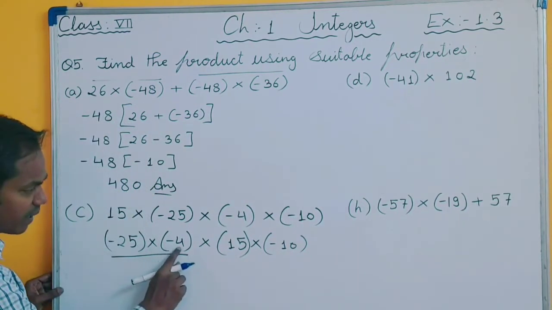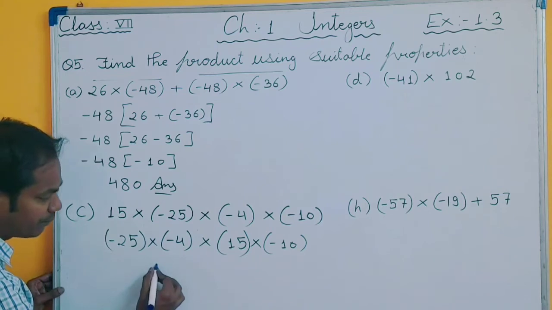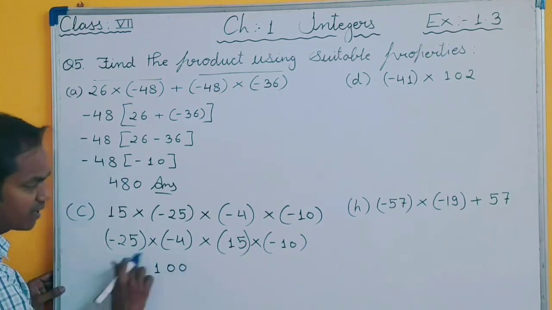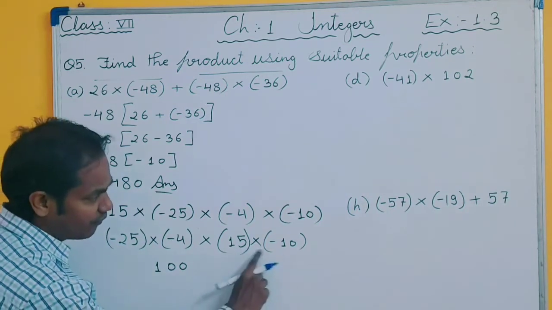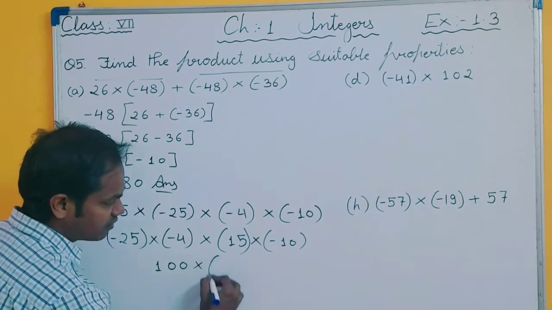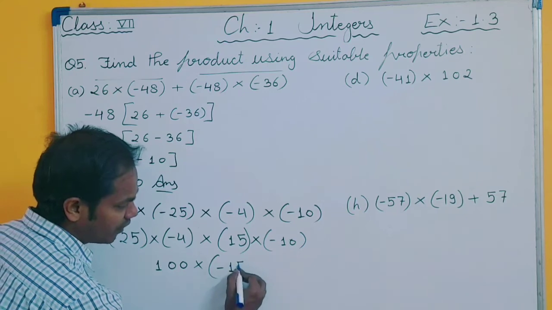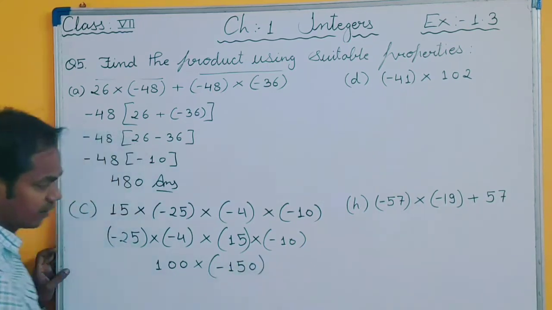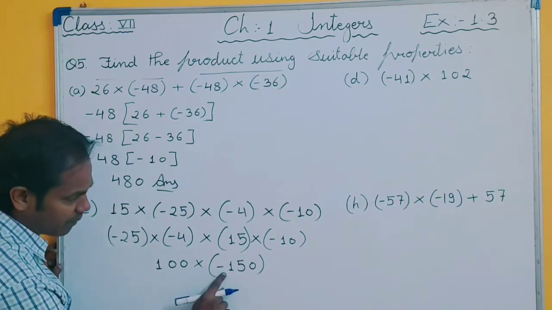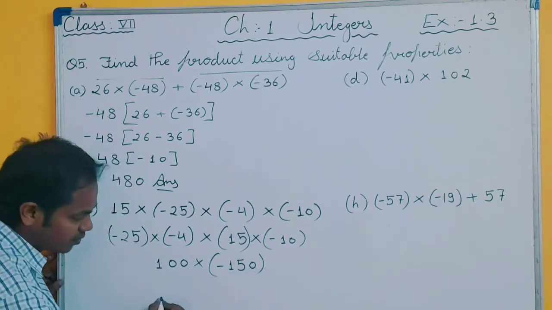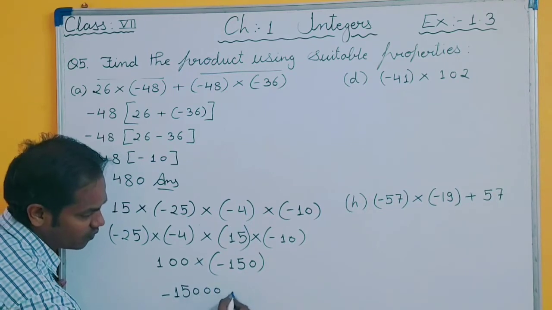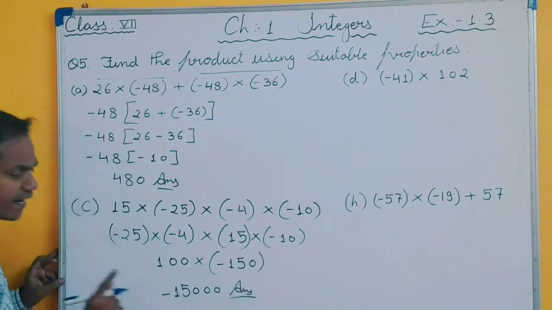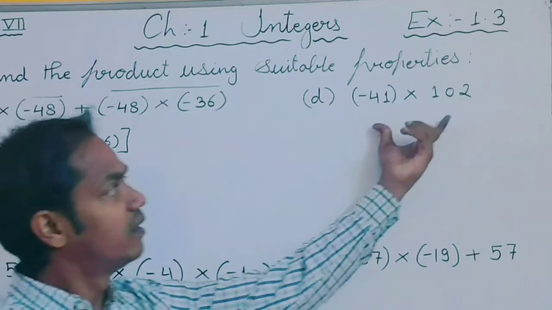Minus 25 multiplied by minus 4, this will become plus 100, minus multiplied by minus will become plus, and 25 4s are 100. And 15 multiplied by minus 10, this will become minus 150. Okay, so 100 multiplied by minus 150. So your answer will be 15000 with negative sign.